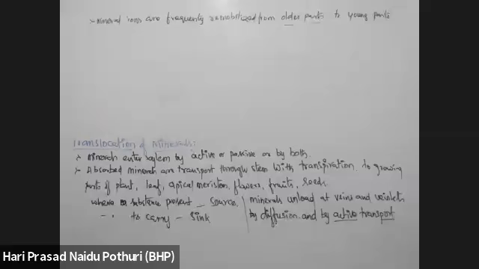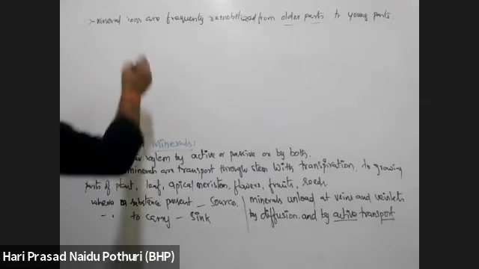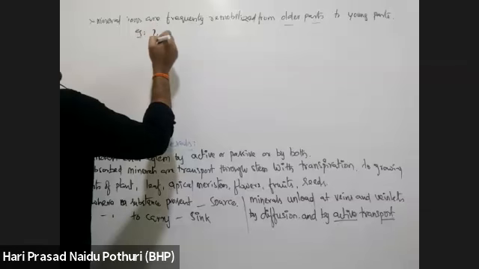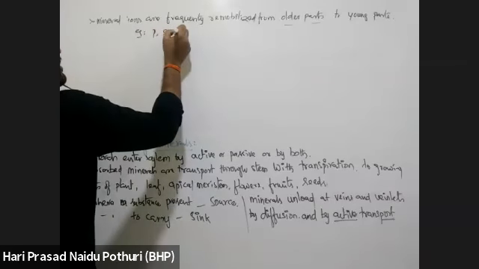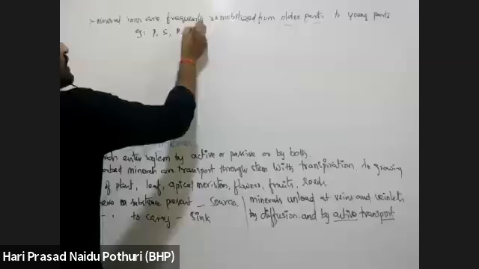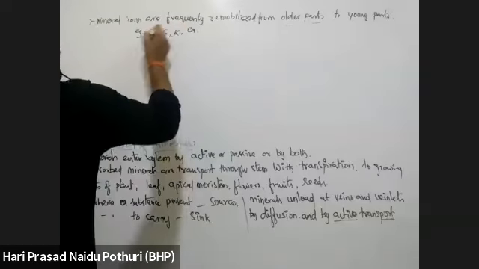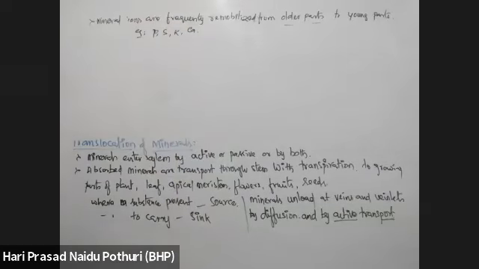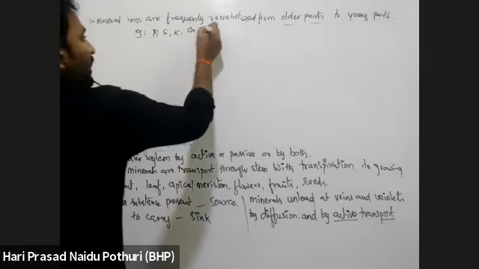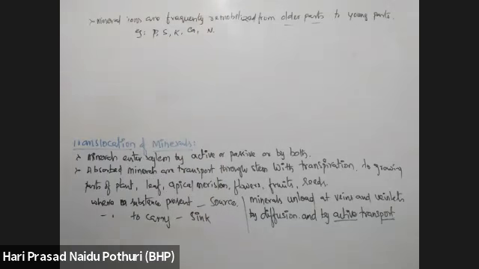The actively mobilizing minerals are phosphorus, sulfur, potassium, calcium. Potassium, K. Phosphorus, sulfur, potassium, nitrogen, these elements are actively metabolized.